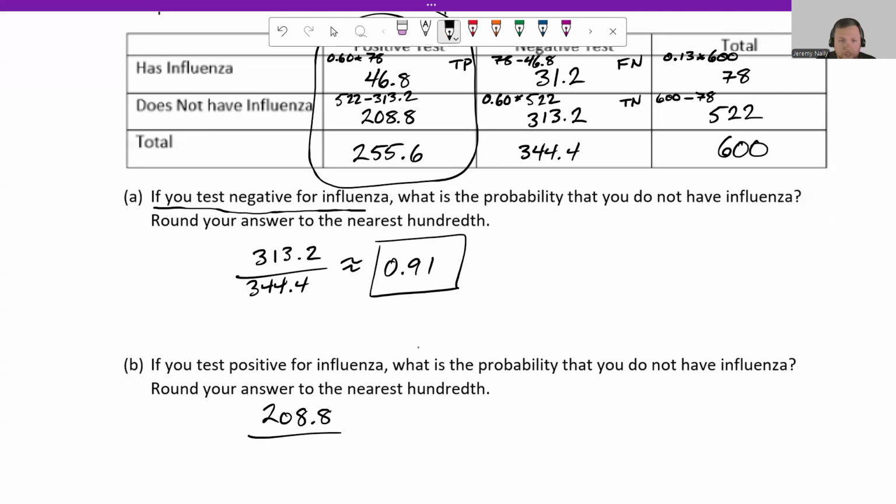And then we're dividing by the 255.6. I have 0.82.